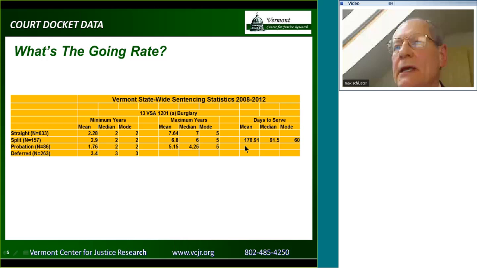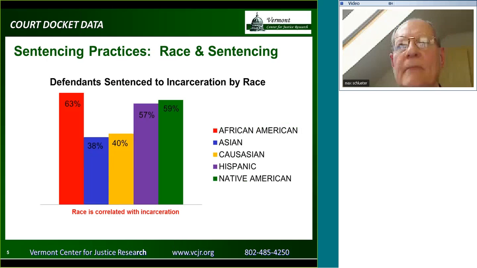And for split sentences, we can give them the typical days to serve that are on that sentence. So what we have found is that we can generate this very quickly, but it has a lot of impact. A lot of people really know us as a result of this, the going rate type of model.